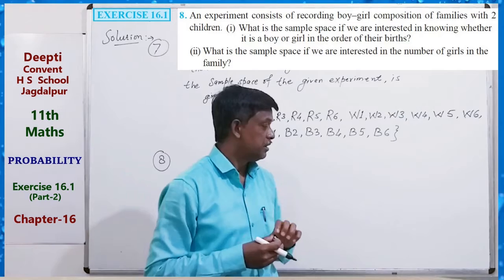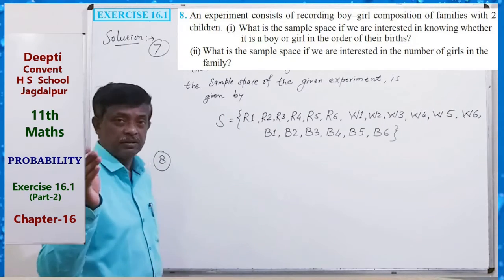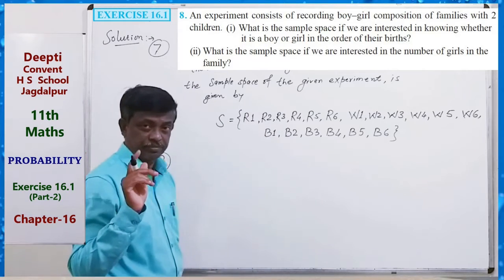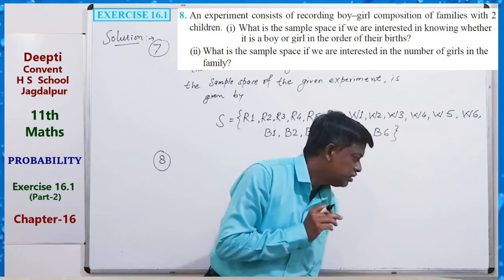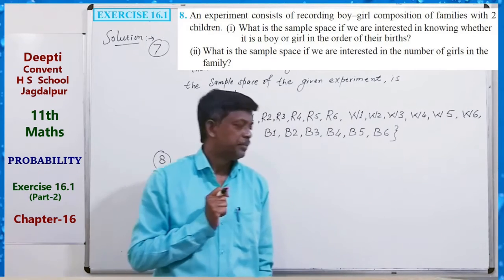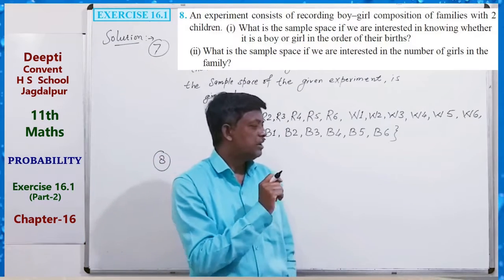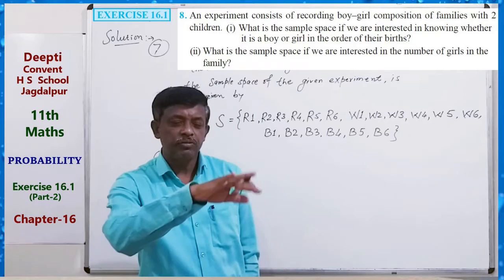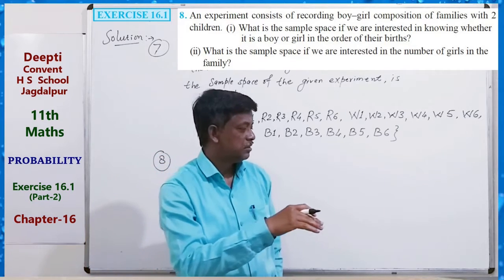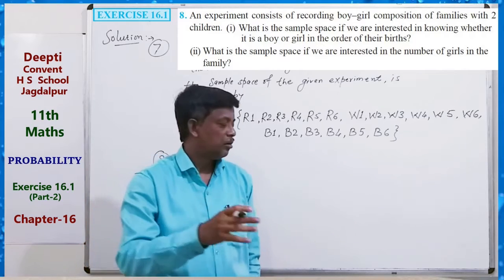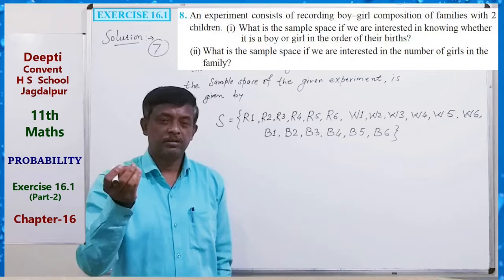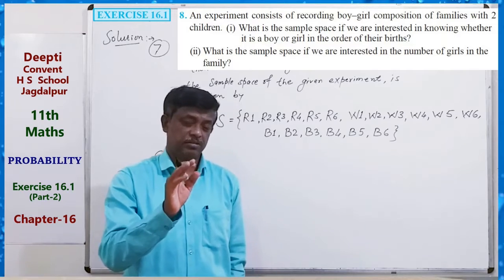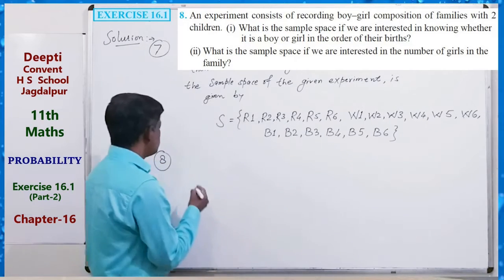So what is the question we are interested in knowing? If we are interested in knowing whether, out of 2 children, it is a boy or girl in the order of their birth, then what will your sample space be?